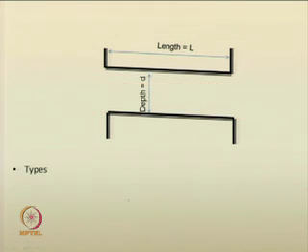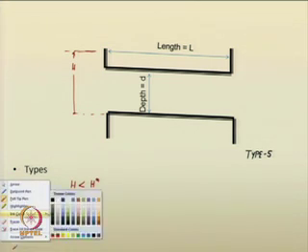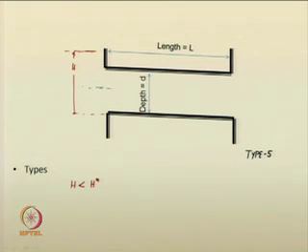Next one is type 5. Let me write this as type 5 here. In type 5 flows, what happens is that your depth of flow H in the headwater or upstream H is less than H star. You have a critical flow depth line, you can just draw it for the culvert.